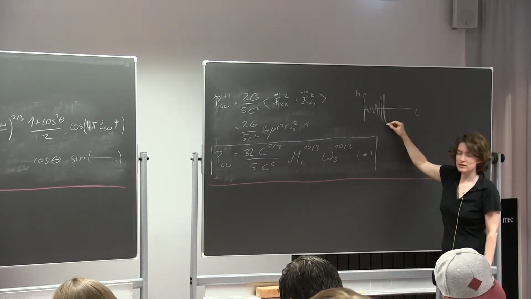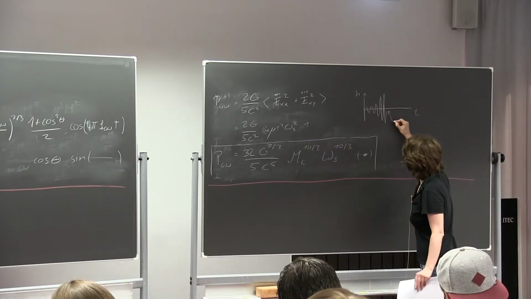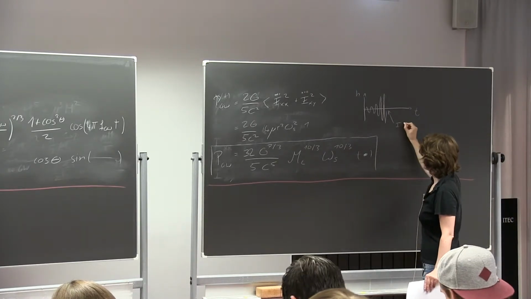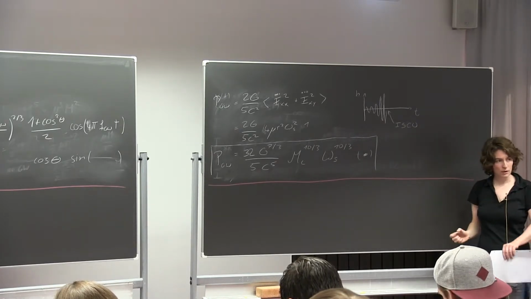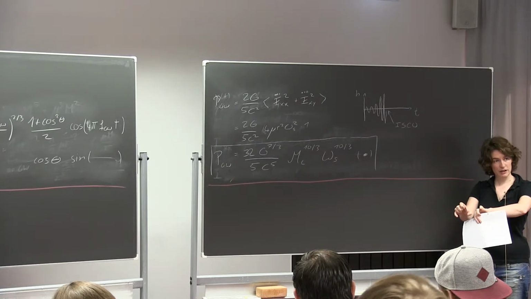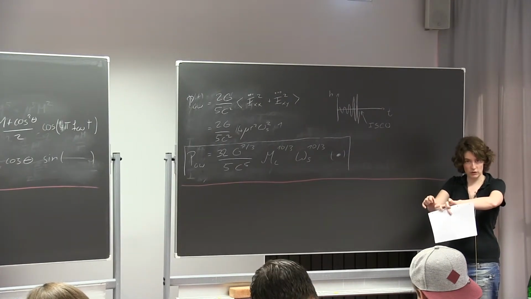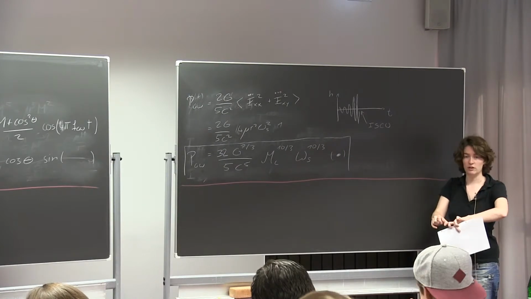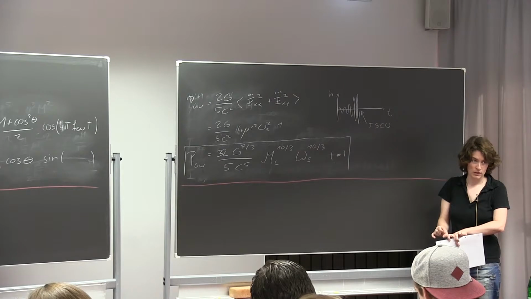And here, at some point, something has to happen. What happens is that we hit the innermost stable circular orbit, the ISCO, which is really when the two Schwarzschild radii of the black holes, or the two normal radii of neutron stars, or whatever you're colliding here, touch. And then, of course, you cannot compute things in this way anymore.